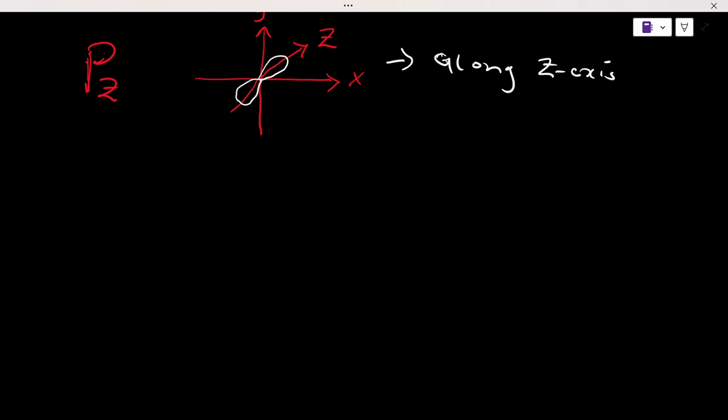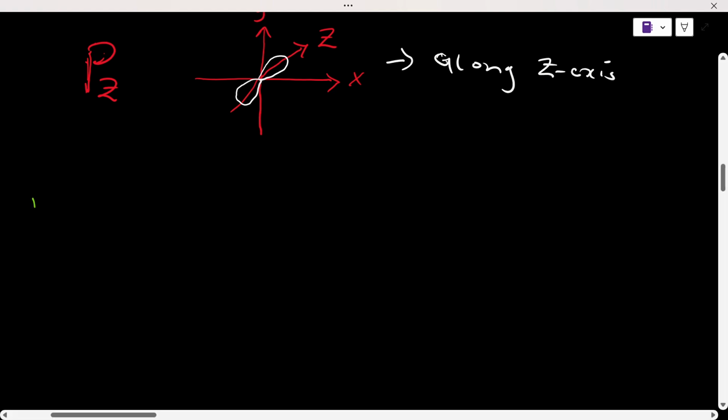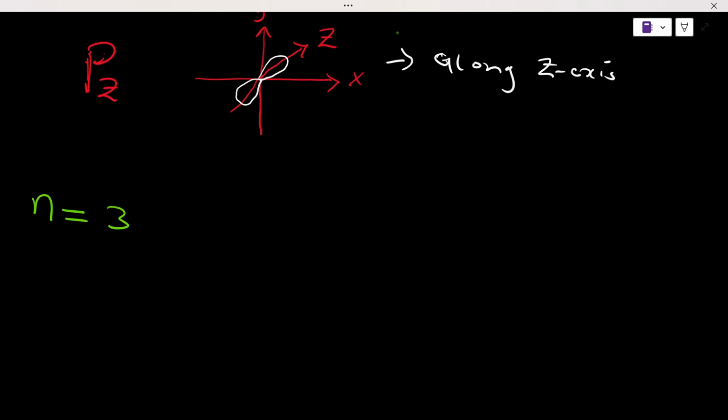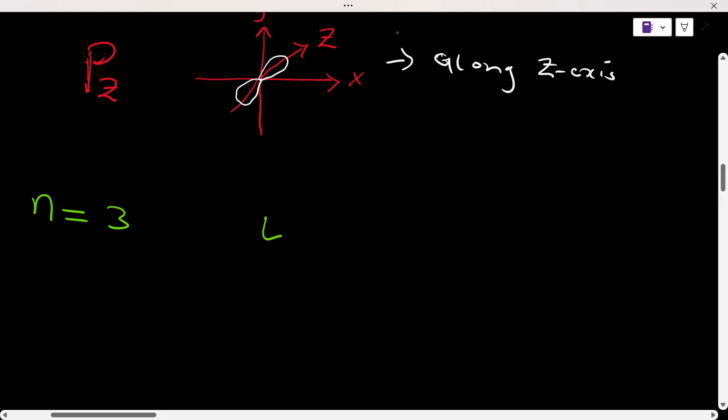So meaning I'm supposed to have principal quantum number n being 3. So angular momentum number, which is L, being less than or equal to n minus 1, I'm going to have L equal to 3 minus 1. And at the end of the day, I'll have my 2.